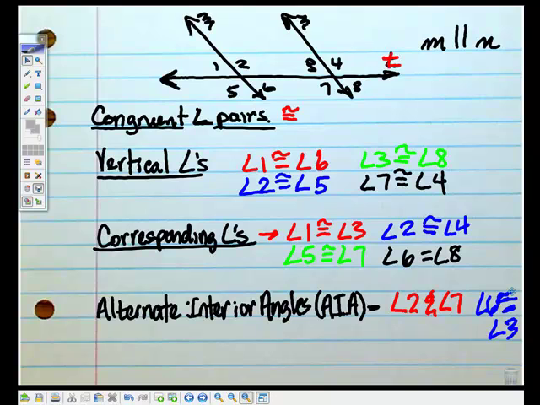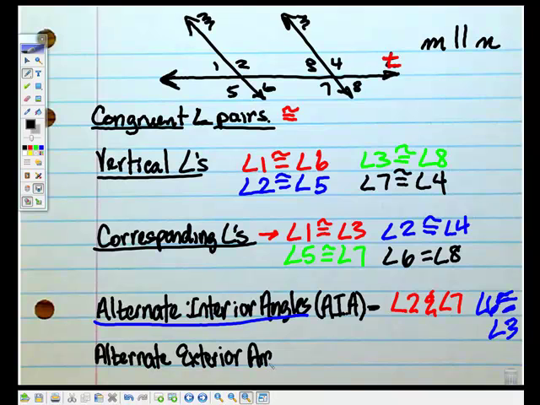Okay, I've cleaned my drawing up again now so that I can define for you alternate exterior angles. If you want to be able to abbreviate this, it's AEA for alternate exterior angles.